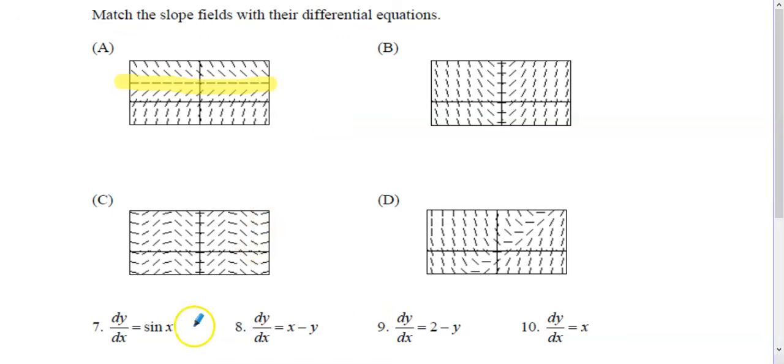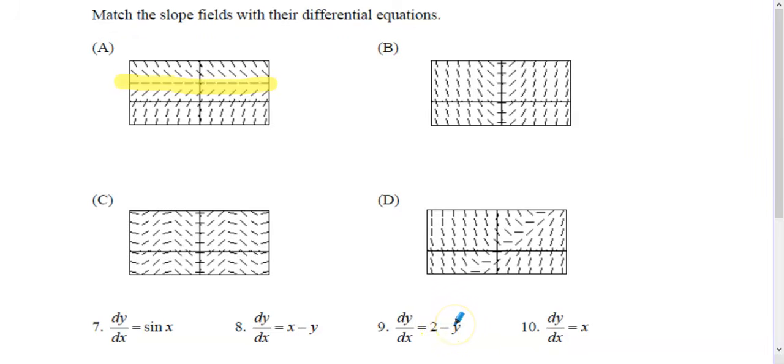Look at your derivatives. Do any of these derivatives have that property of always being equal to 0 when y is equal to 2? Well, this one doesn't depend on y at all, so I can't really do anything with that. This depends on x and y, so I might have to analyze that a little bit further. But then look at this one.